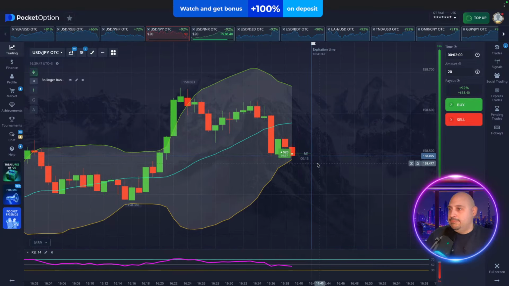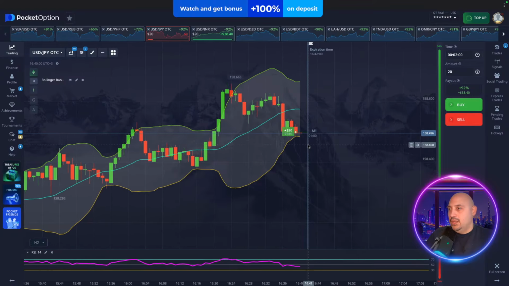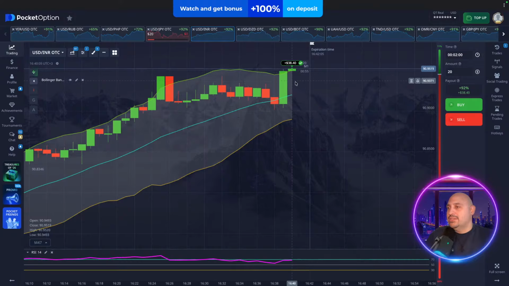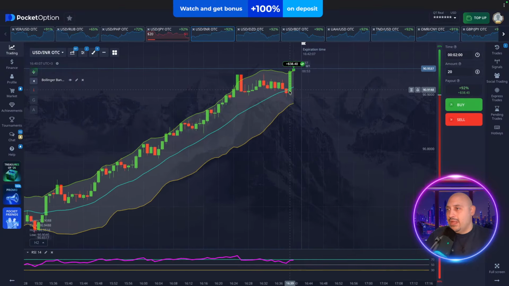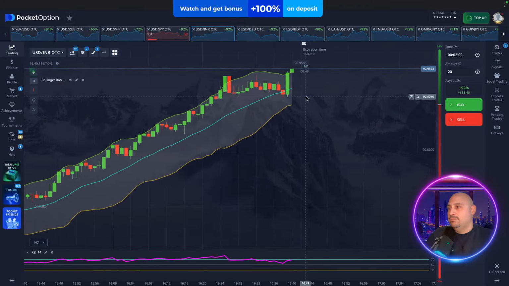I'm expecting that it's going to bounce from this zone over here, just like it did here, just like it did here. And just like it did, I would say over here, and then it went through it. This was successful, excellent. You see, look at that big bounce, boom, to the upside, because we are in an uptrend.